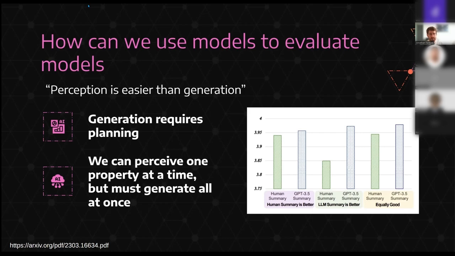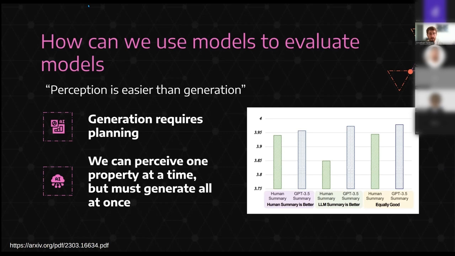Another way to state this is, we've been evaluating human intelligence using human intelligence, so it should hopefully translate into models. And two last points to drill this home. Generation requires quite a lot of planning, which is not easy.